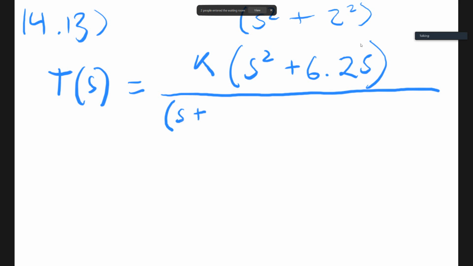That's the first one, and this is the second pole.